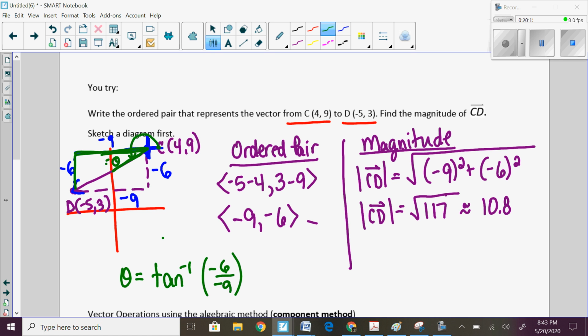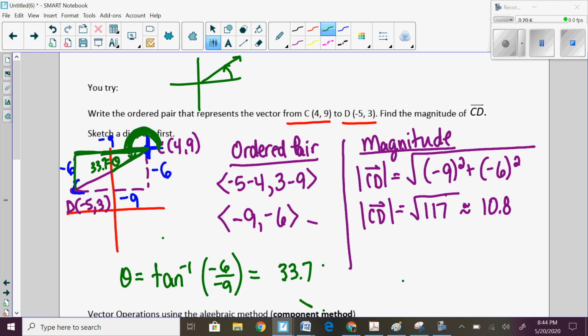Well, what we have to remember is that this angle is 33.7 degrees. So we must add 180 degrees to our answer so that we actually get the correct answer. So again, this gave us 33.7, but that would be in the positive. That would be in the first quadrant if we just had a little rotation like this and our vector was going this way.